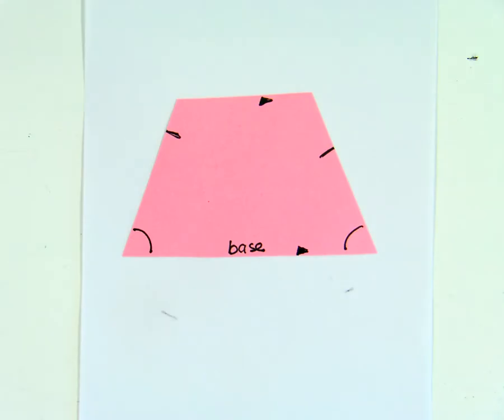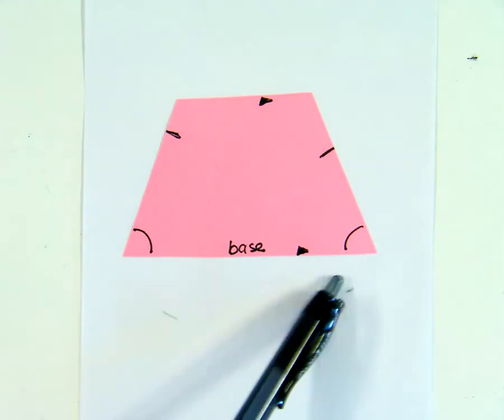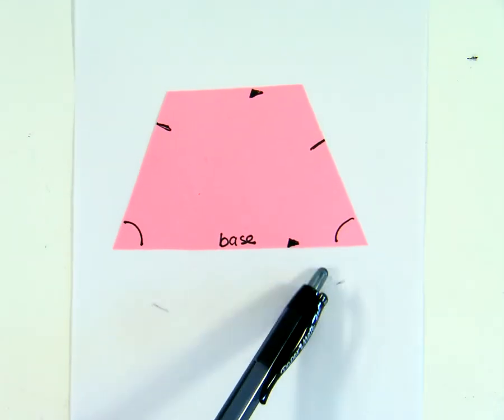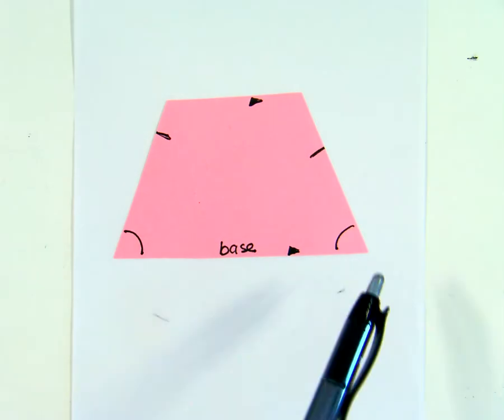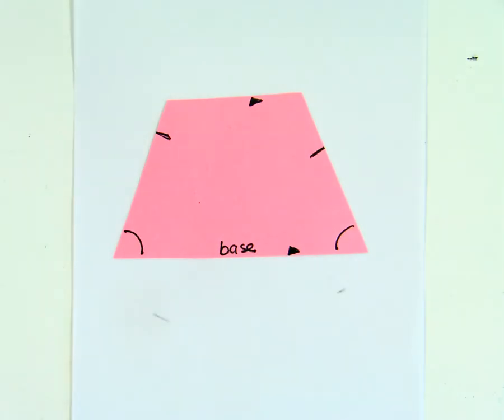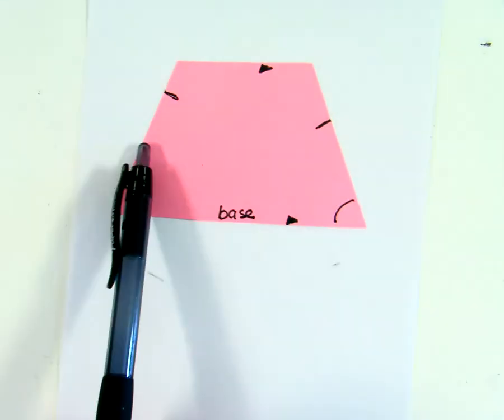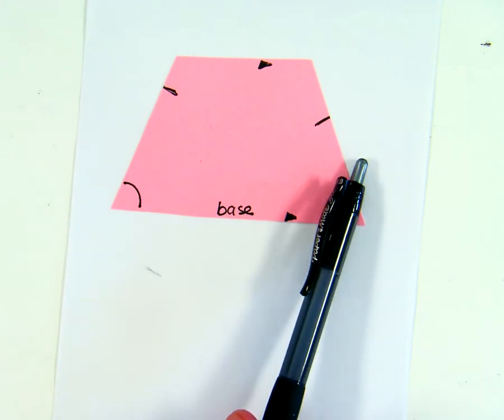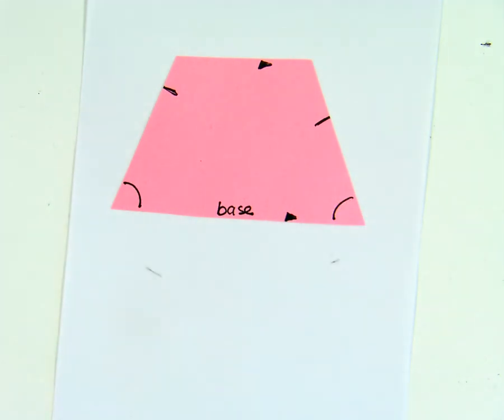Okay, let's think about that. Are the angles still the same? Yeah, I think they're still the same because I cut off the top. Those are the same. All right, then is this leg and this leg the same? Think back to your lessons on parallel lines and transversals. Remember where we had the bread slicing?